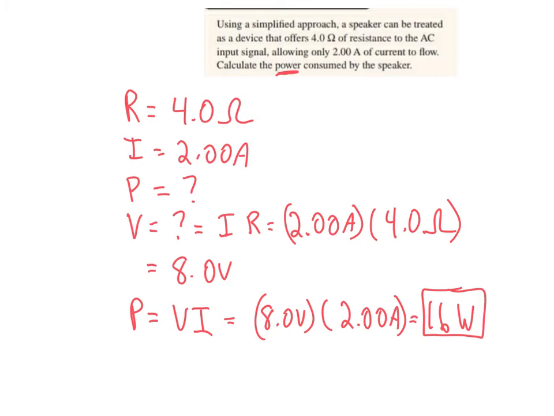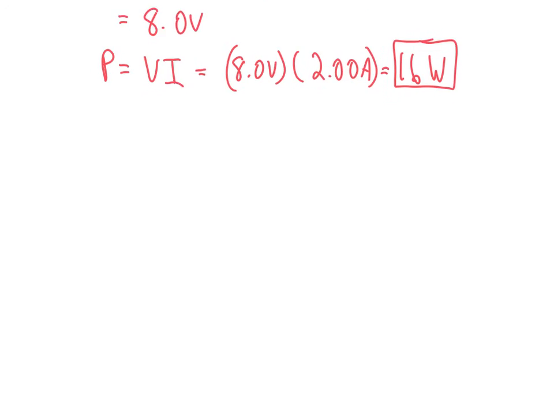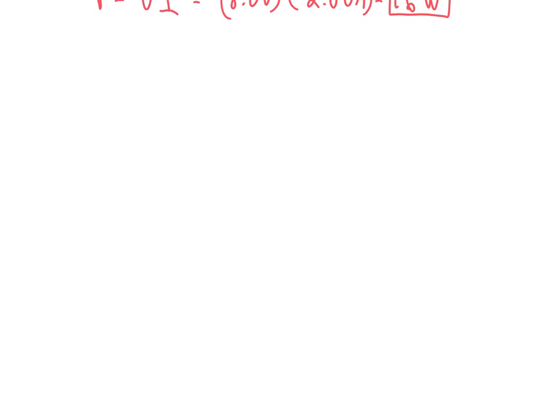So we're going to get into a little bit of algebra now on how we would combine these two formulas. We have two formulas here: P is equal to IV or VI, it doesn't really matter, and V is equal to IR. So what if I didn't have V? Do I have to do two steps? No, I don't, because if you notice, we have P is equal to IV.